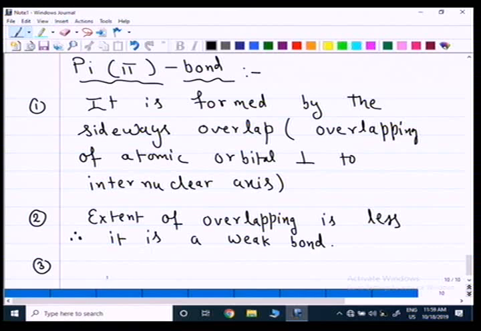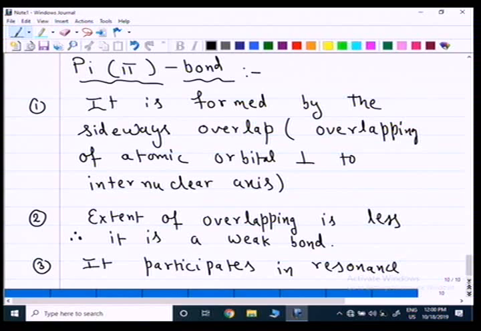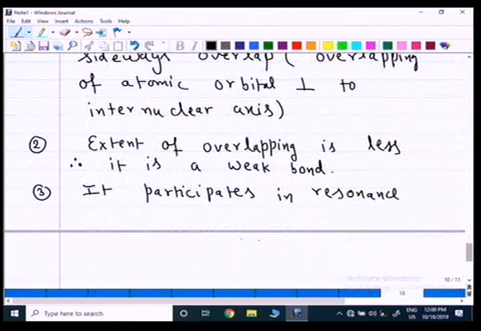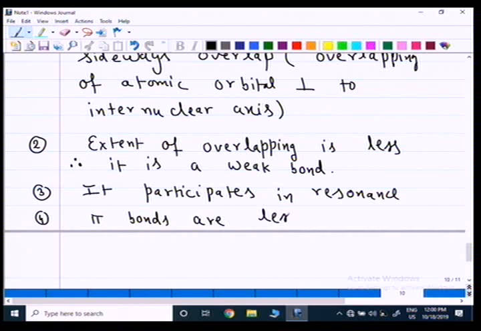Number 3. It participates in resonance. Pi bonds are less directional in nature.